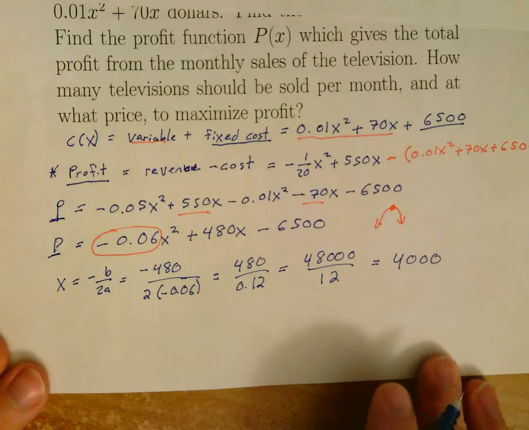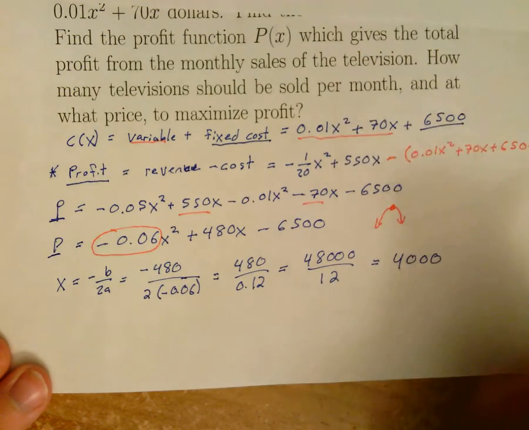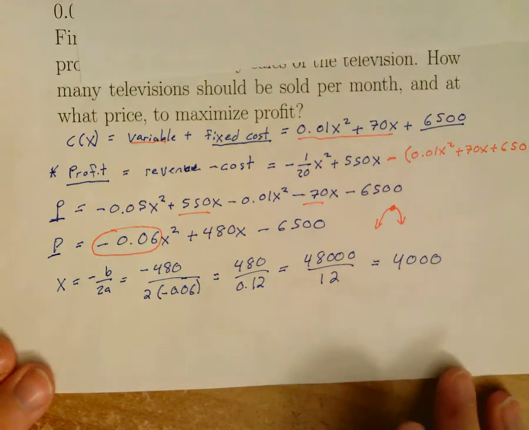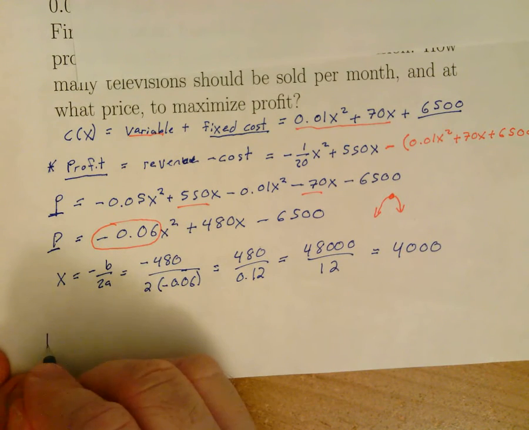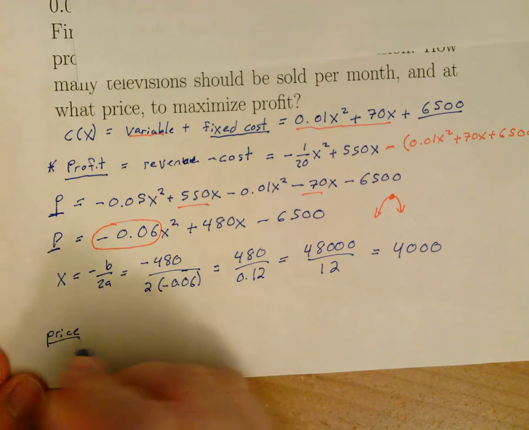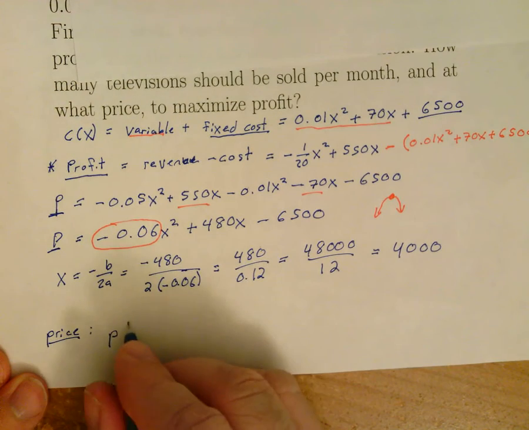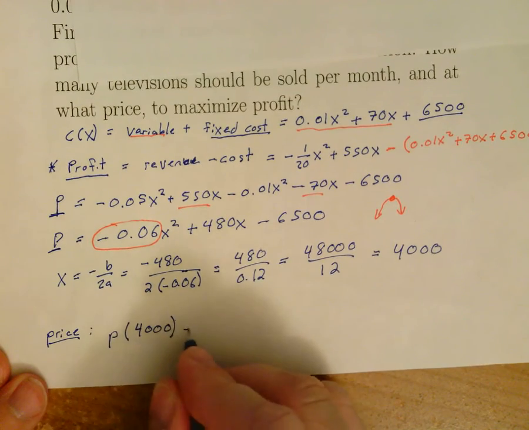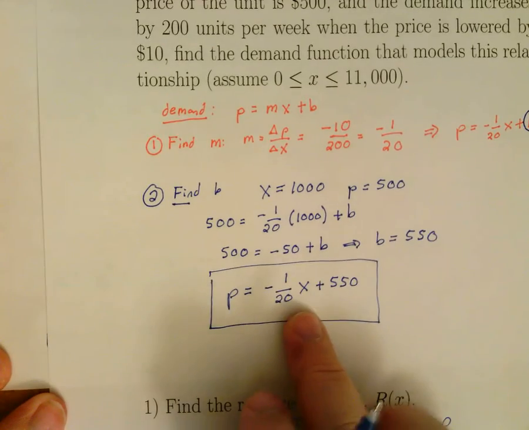Now, what should the price be? So again, we need to sell 4,000 to maximize profit. We need to sell 5,500 to maximize revenue. So remember, these are different values. So what should I set the price at to maximize my actual profit? The price, this is lowercase p, of 4,000. Remember, what was my price? This is my price.